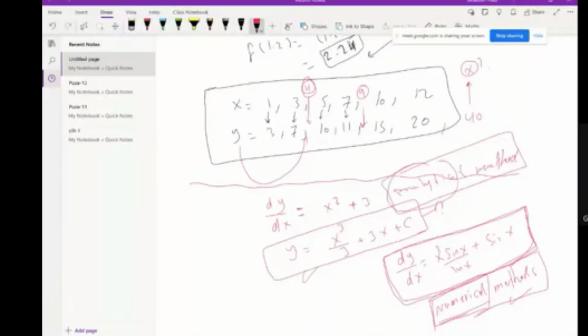This is analytical, I integrate this by analytical method. But this is difficult, then I will use numerical methods.